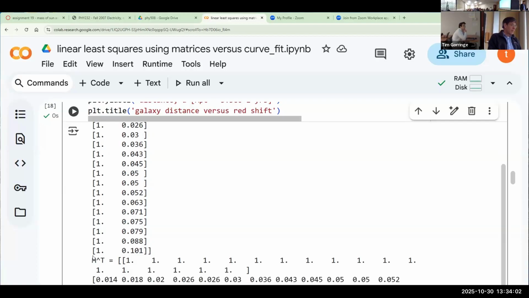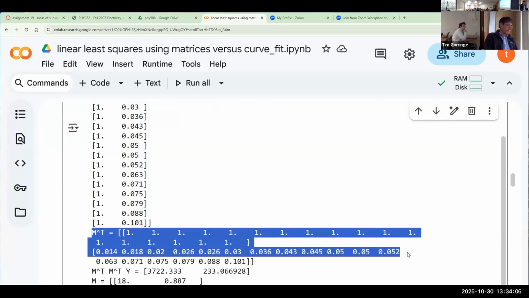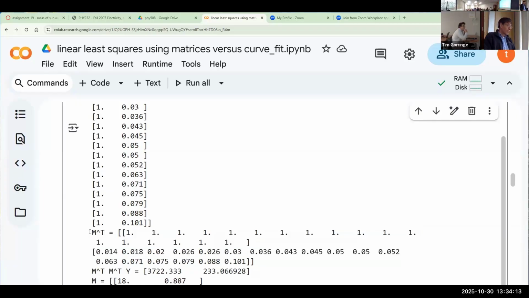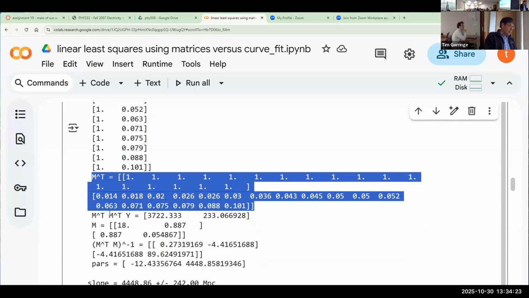That's M. This is the transpose of M. We're just interchanging the rows and the columns. So now we have a row of ones, that's the top row of the matrix, and the second row of the matrix is the fractional redshifts.